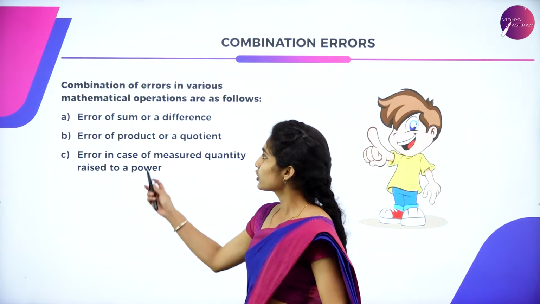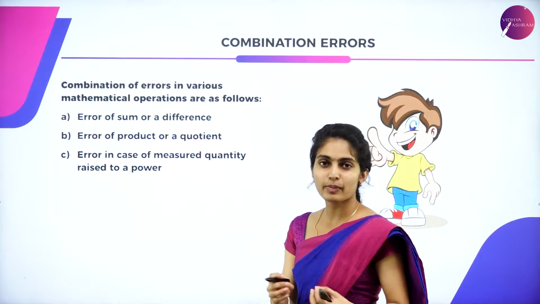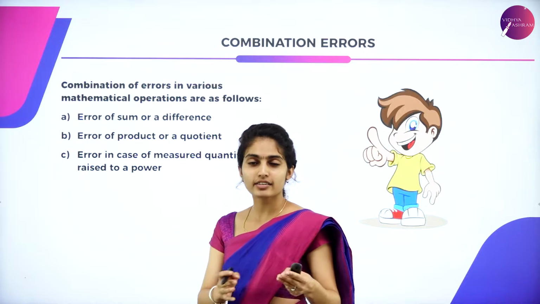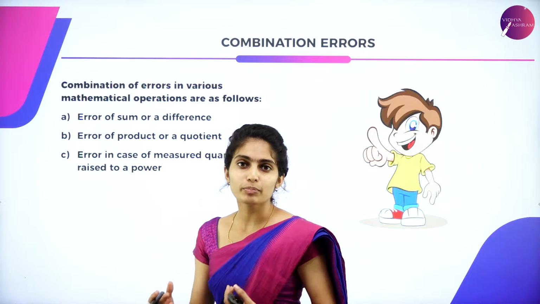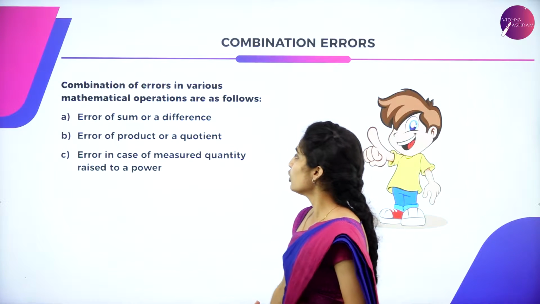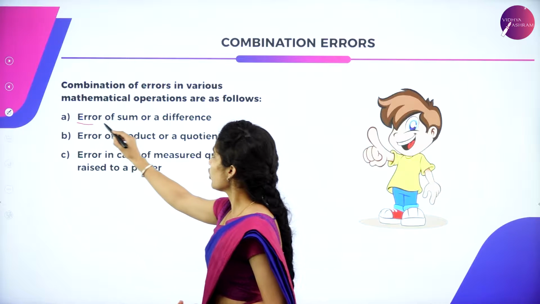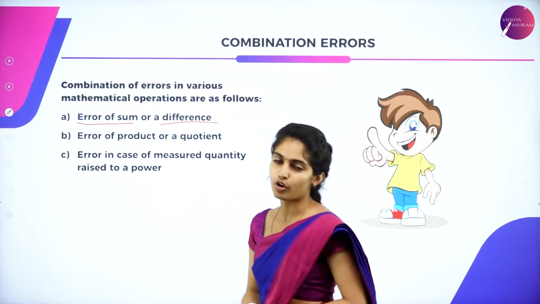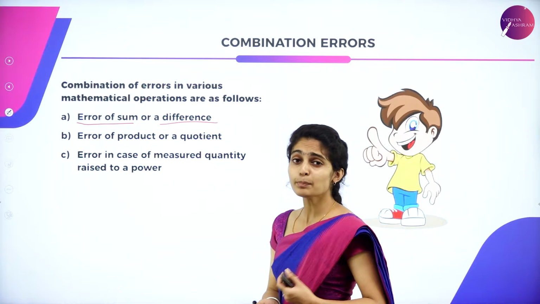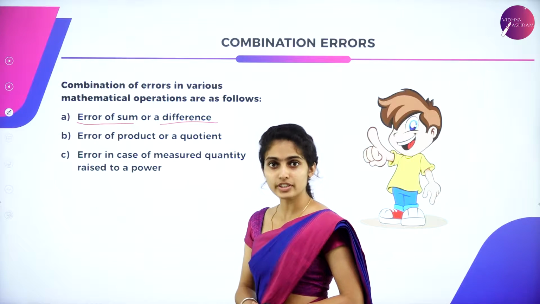Here, for the combination of errors for the mathematical operations, there are three types. There are three procedures to follow. One is error of sum or difference, that is the very first subtopic under combination of errors.